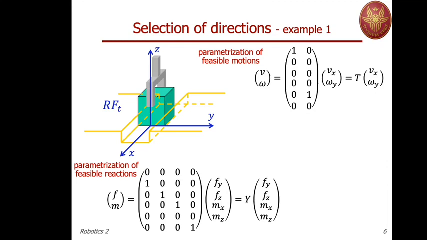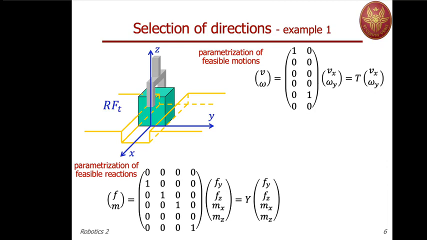So similarly, if we take a generic reaction vector, 6 dimensions, composed by the 3-dimensional force F and the 3-dimensional torque M, then this 6-dimensional vector can be generated only by a combination of 4 parameters, which are the scalars Fy, Fz, mx and mz. So we are selecting in fact directions.